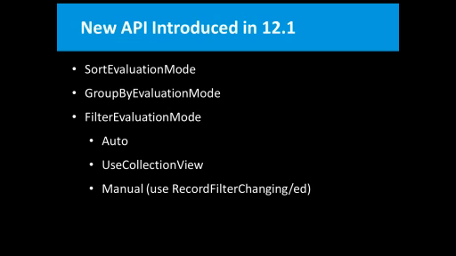And manual. The manual mode essentially fires the record filter changing and changed events, but does not process anything on the grid. So if you have any backend system which is capable of interpreting expressions and which is dedicated to computing data sets, to filtering, sorting, or grouping data sets, this is an opportunity for you to use that.